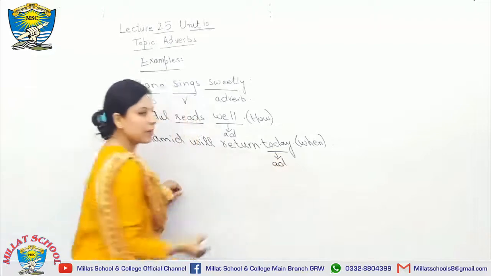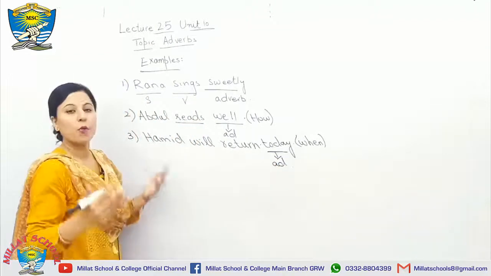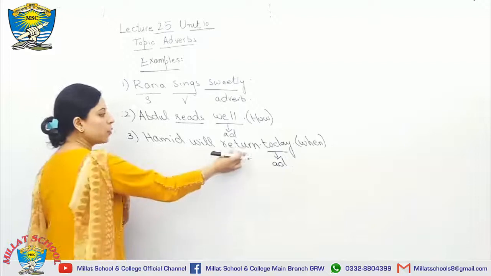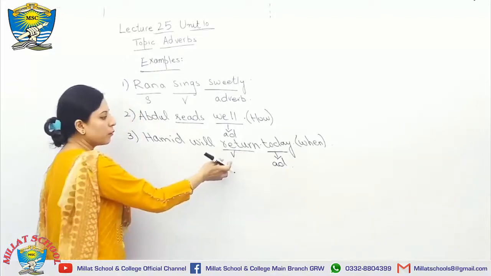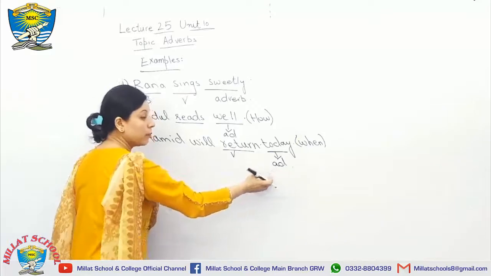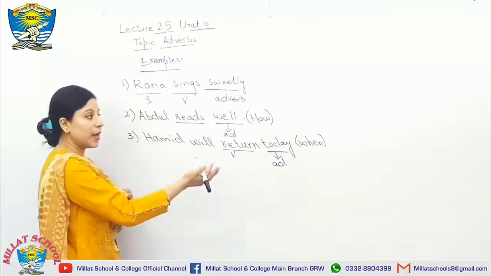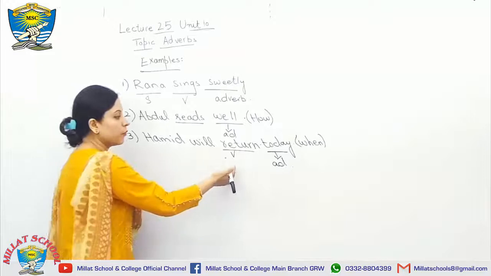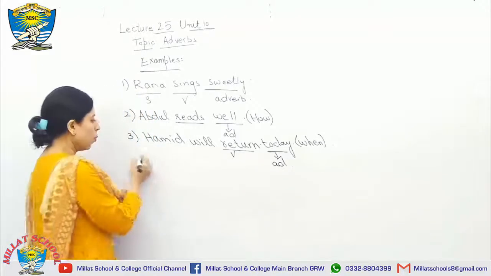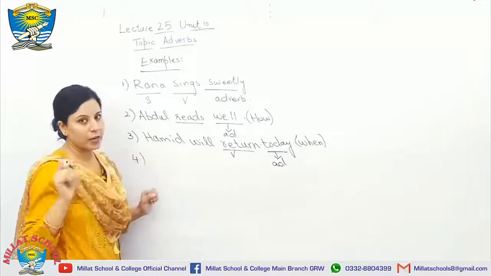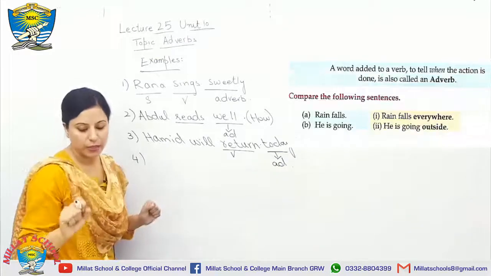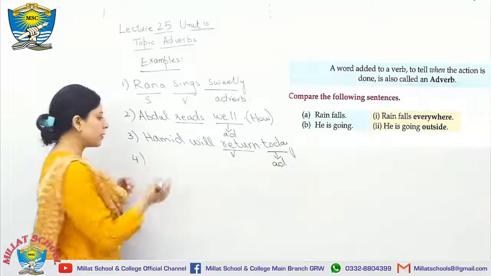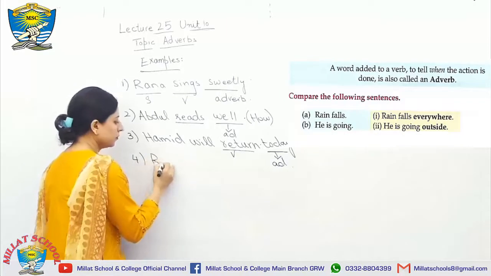Exactly. It means that you are able to add more and more meanings to the verbs, because return here is your verb. And when we add some more meaning to it by following the timing of when and how, it shows that we are talking about adverbs. One more example will tell you that where will also be your adverbs, like rain falls everywhere.